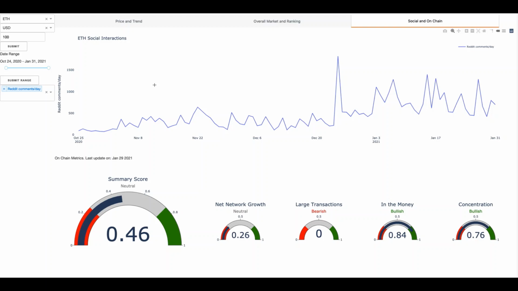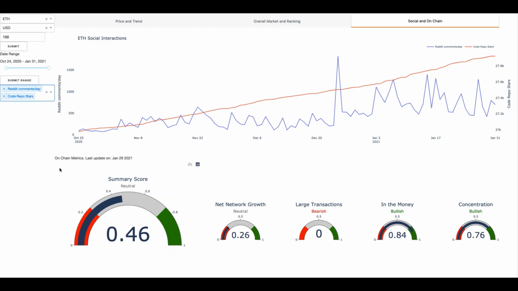It can definitely be checked against the price. Here we have other metrics as well, other social media channels like Facebook and Twitter, and even GitHub is available here to see how the development activity is changing, if it is actively developed or not.